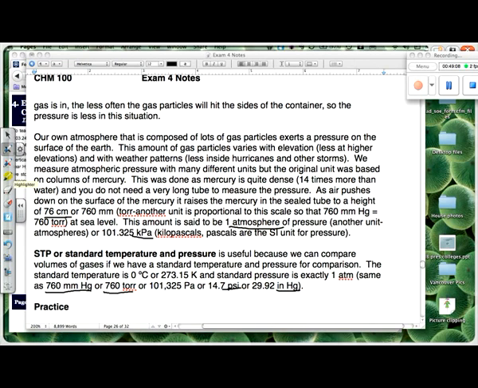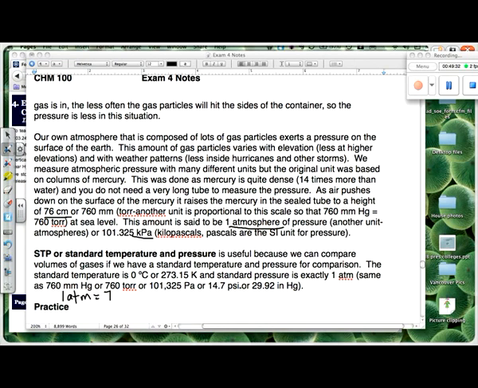Now what I've given you here in the notes is all the different units, okay? And I'll get back to what standard temperature and pressure are, but this is how they are related to one another. So 1 atmosphere, which pretty much here at sea level we are under 1 atmosphere of pressure, is the same as 760 millimeters of mercury.